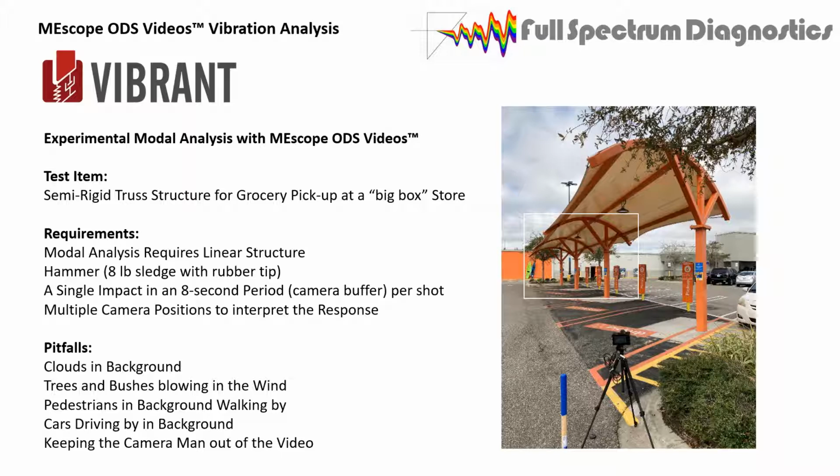One thing that's interesting: if I was doing an actual job on this and somebody asked me, can you take some vibration data on this structure, I could do it. It would take a little effort. But what I would rather do is a quick video to get my rigid body modes, and then I could make a finite element model and correlate the model, and it would be easy.